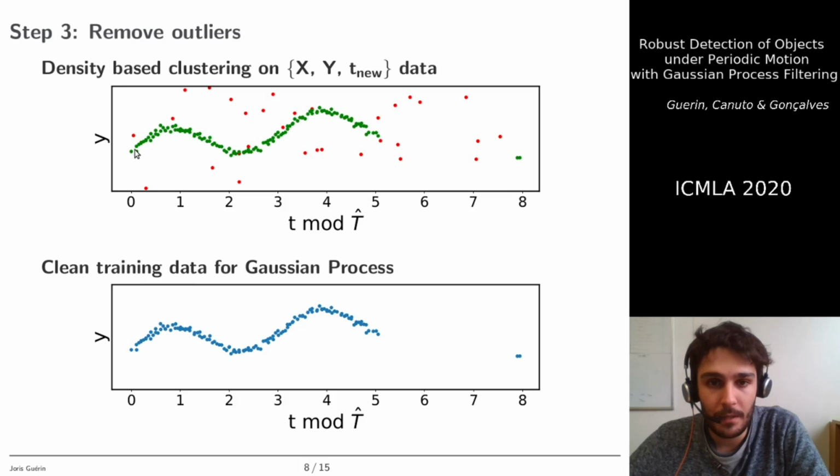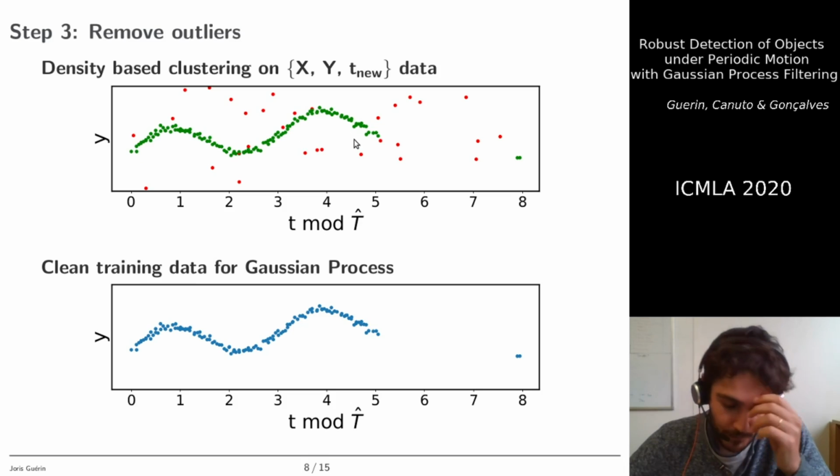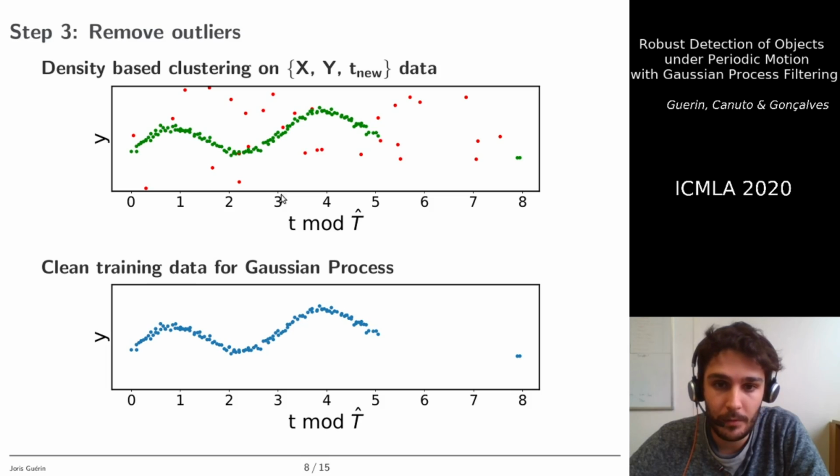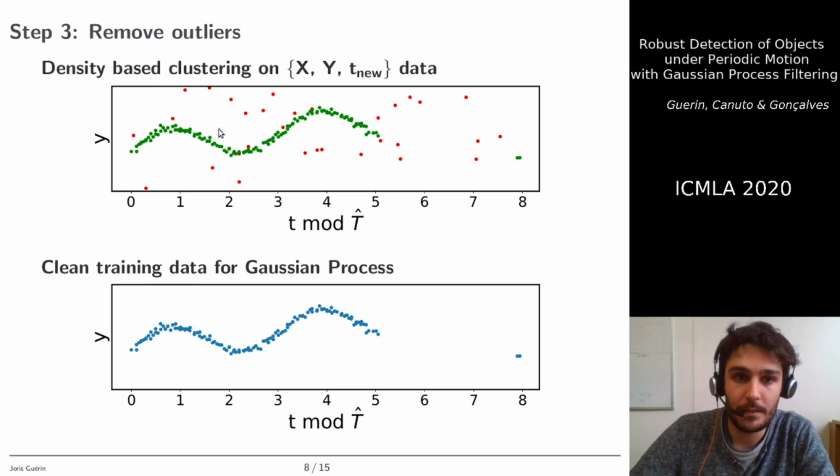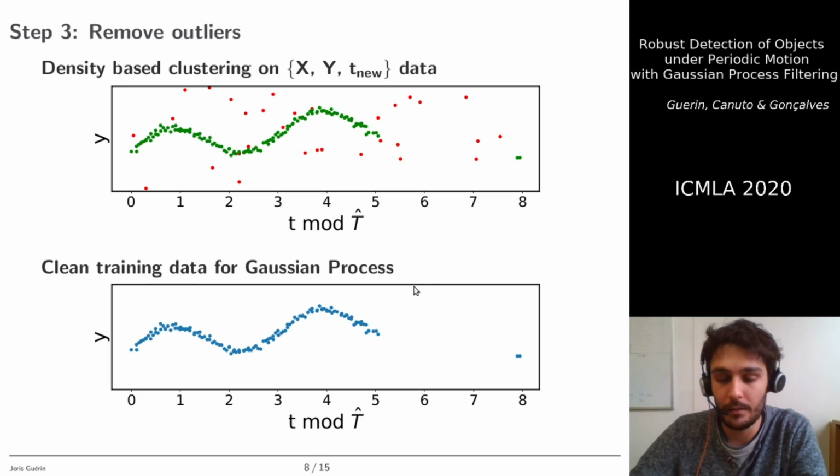As we have seen several trajectories, we hope and we know that there will be more than one point for each x, y, t where the object was actually present, and not in the other cases. So we run the same density-based clustering, and in this way we can isolate the outliers and obtain the clean data that we have here to train our Gaussian process.